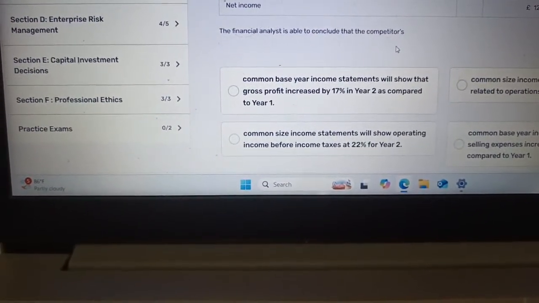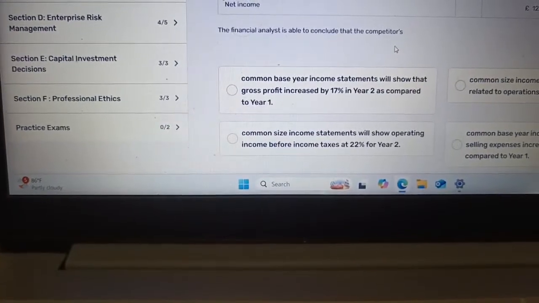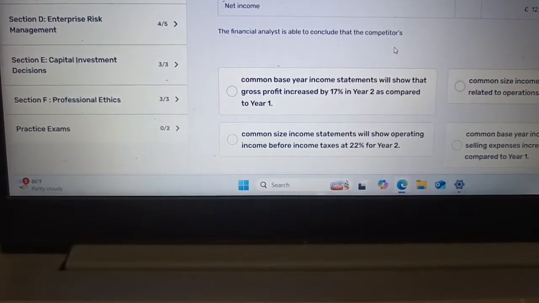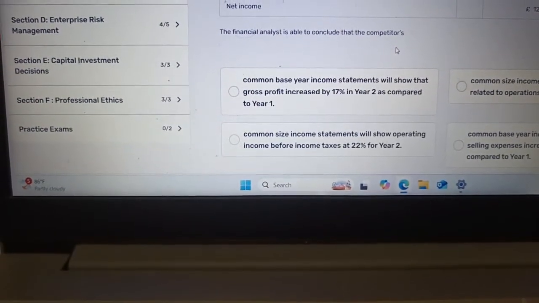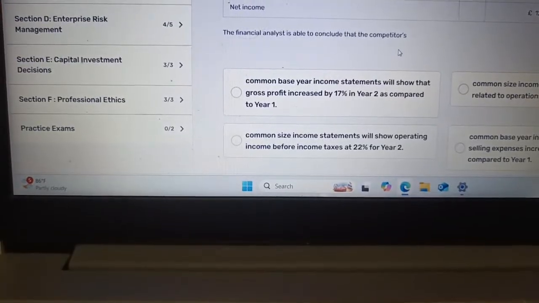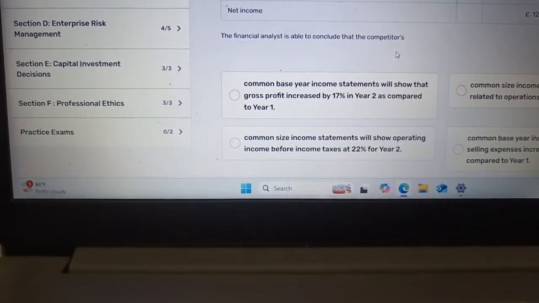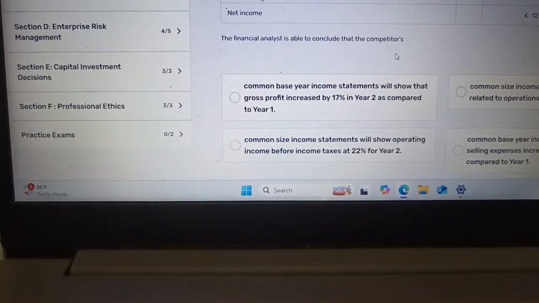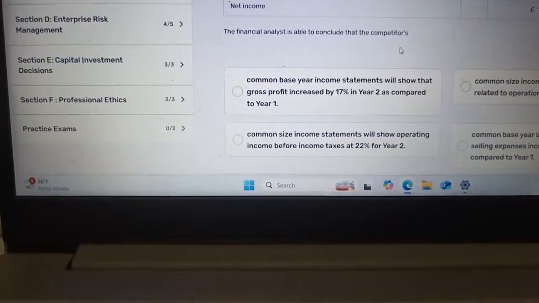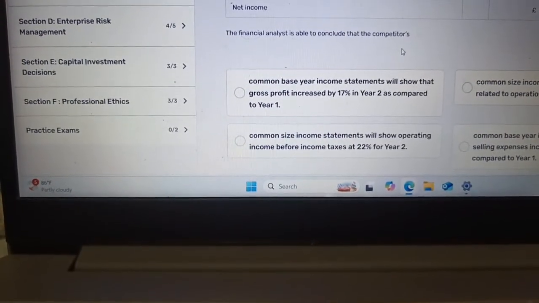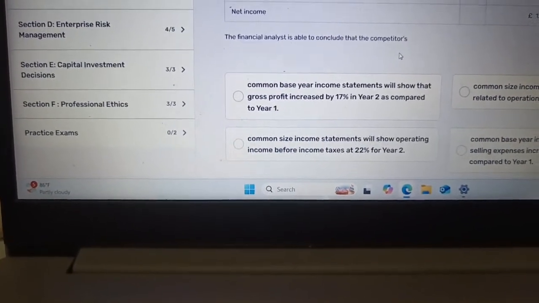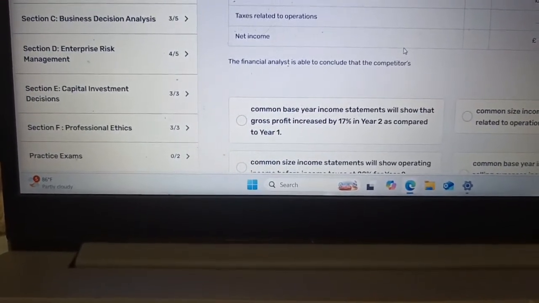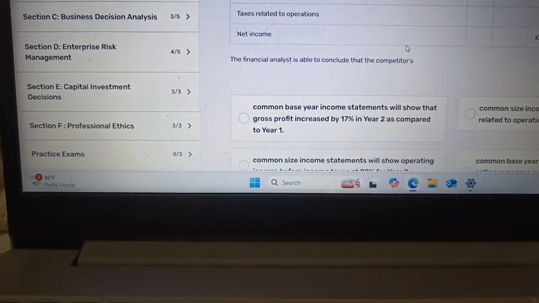This says 60%, but year 2 is 16%, means 3,500 divided by operating income, divided by 275. This is not correct.